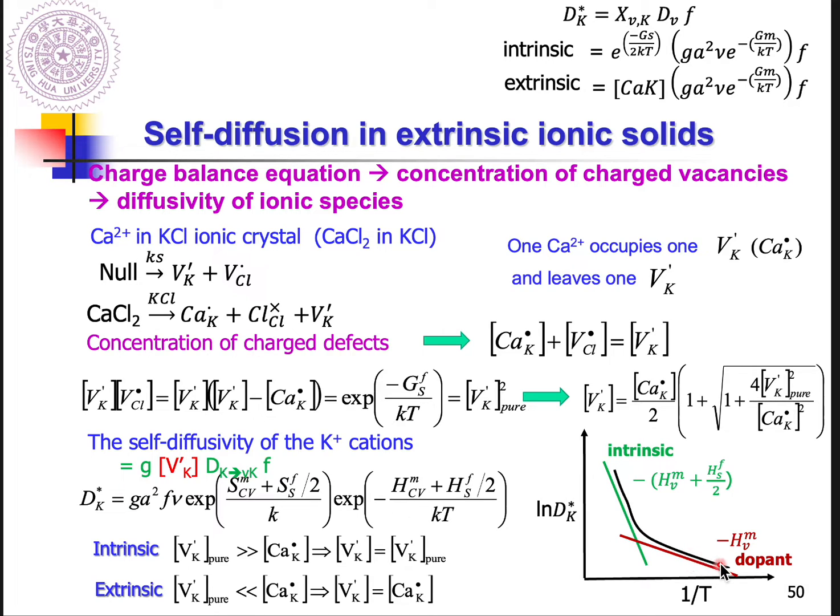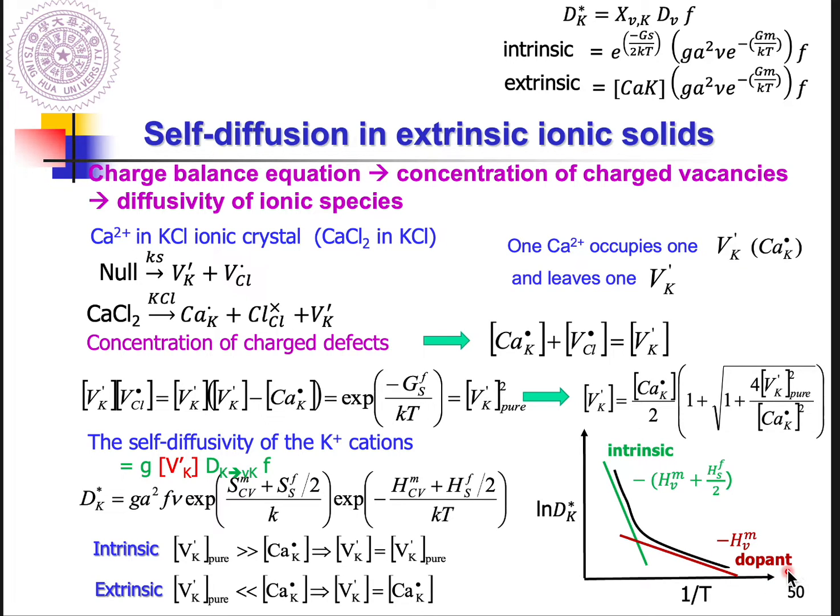And also at this regime, yes, the dopant dominates, but the data is also a sum of the extrinsic and intrinsic effects. Even though the intrinsic effect is quite small, it still contributes a tiny amount to the diffusivity of the potassium ion.